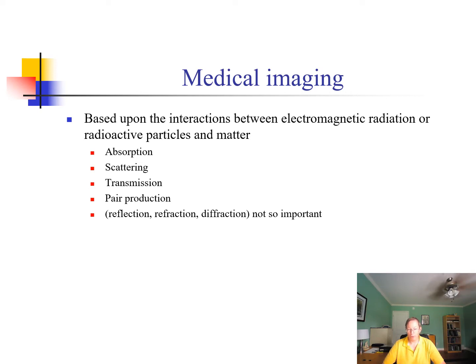If I don't absorb radiation, then it will be transmitted, and that will be another thing that will be used as a means of imaging. I will sometimes have what's called pair production, and things like reflection and refraction and diffraction are less important in medical imaging, although certainly some of those are used in very specialized portions of medical imaging.